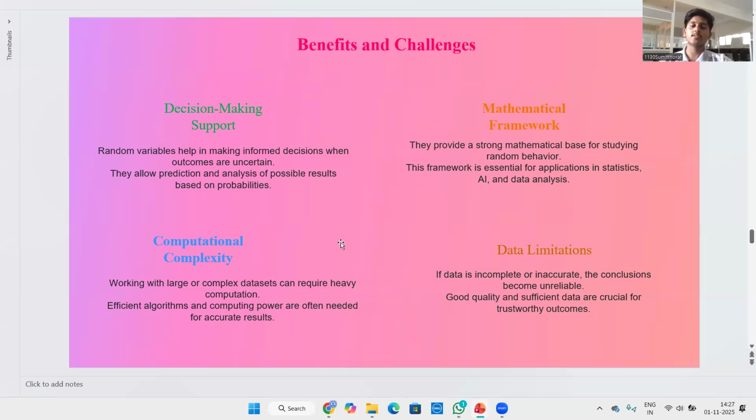This framework is essential for applications in statistics, AI, and data analysis. Computational complexity: working with large or complex data sets requires heavy computation, and efficient algorithms and computing power are often needed for such results. Data limitation: if data is incomplete or inaccurate, the conclusion becomes unreliable. Good quality and sufficient data are critical for forecasting outcomes.